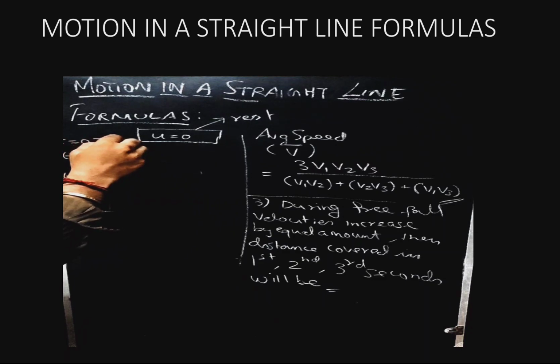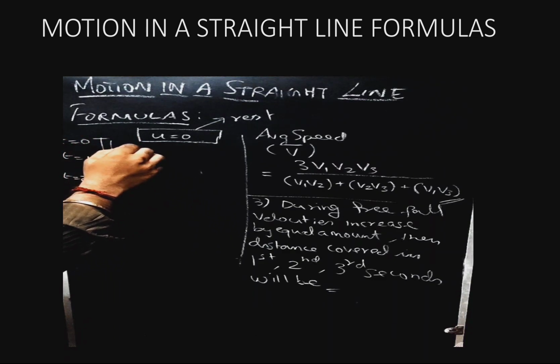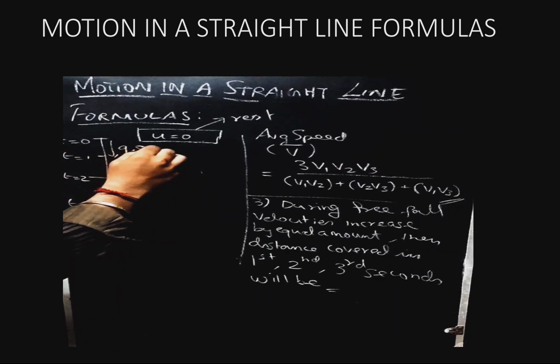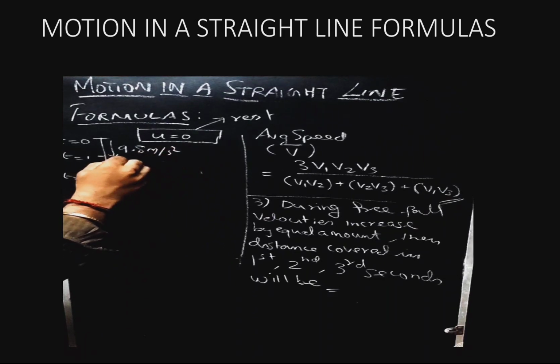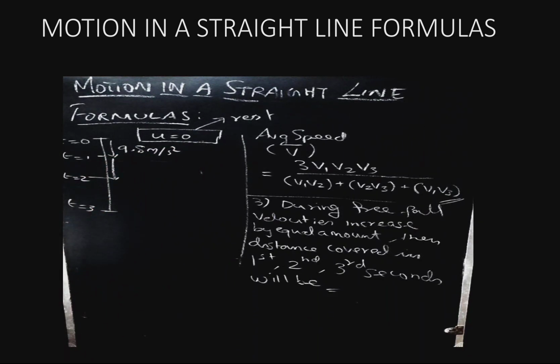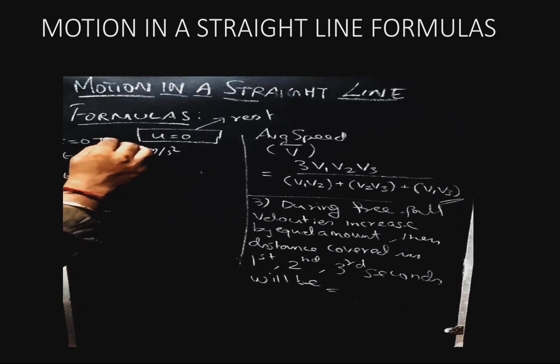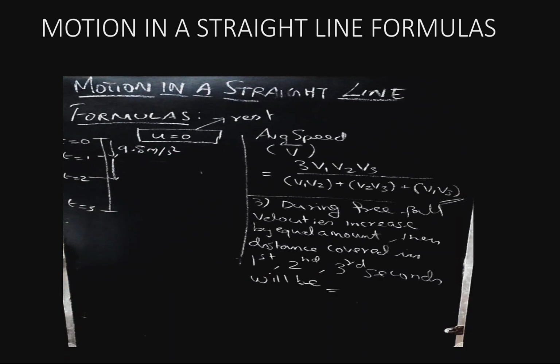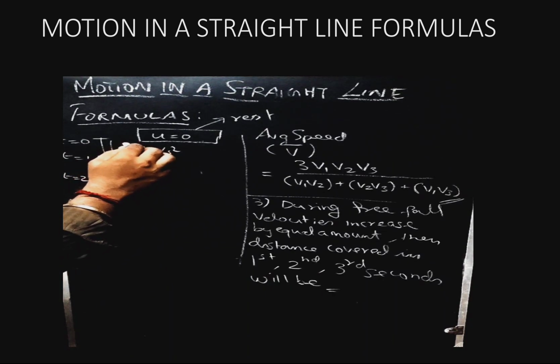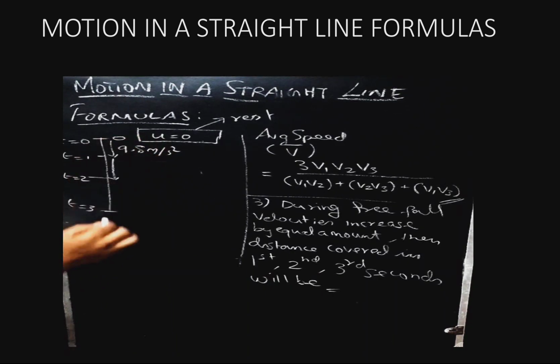Now what could be the relationship? From 0 to t1, it is 9.8 meter per second square. That is the first one. For the next part, from t1 to t2, it is the second.